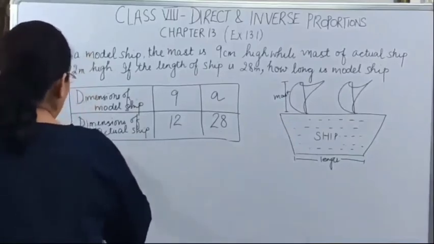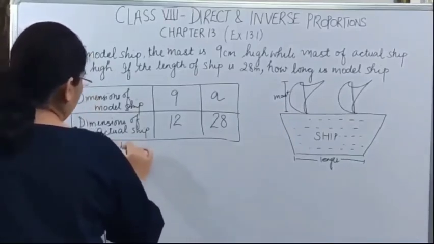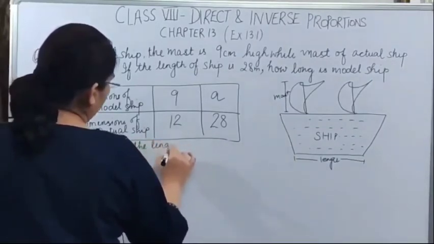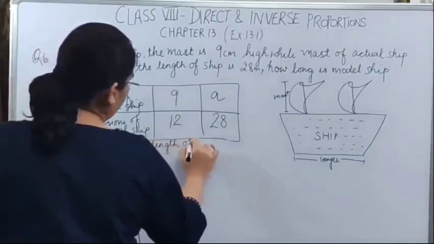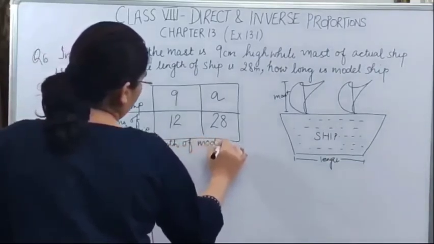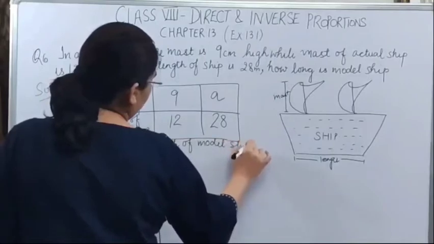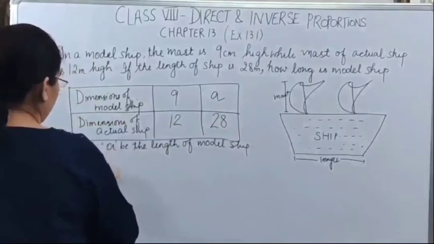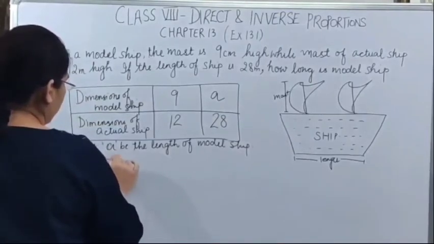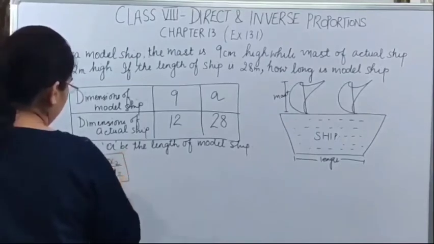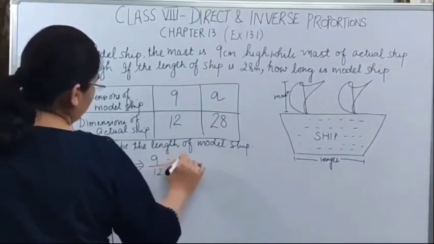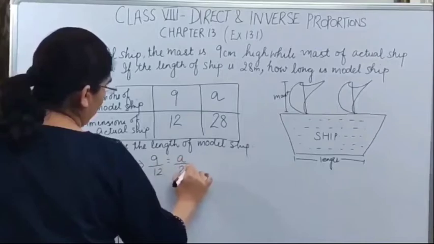So we say let A be the length of the model ship. We know that x1 by y1 equals x2 by y2, which means that 9 by 12 equals A by 28.